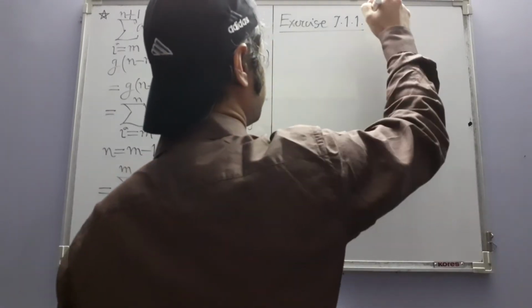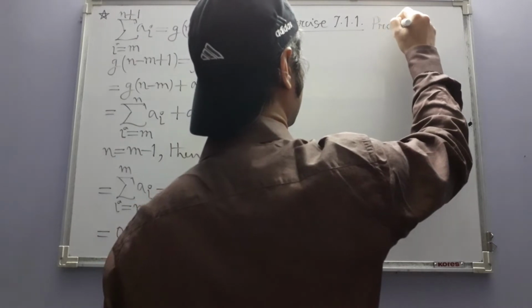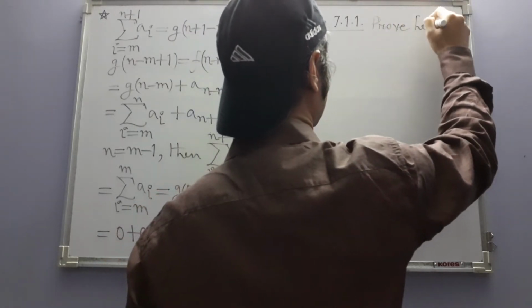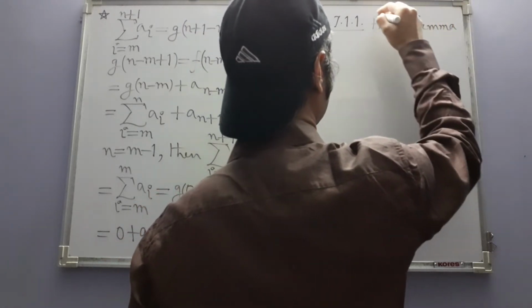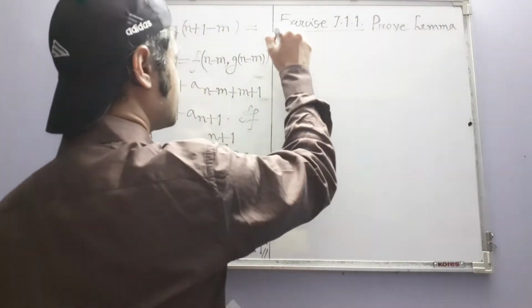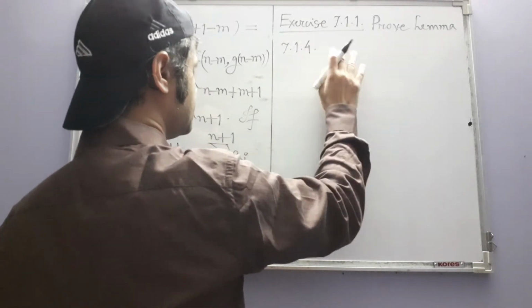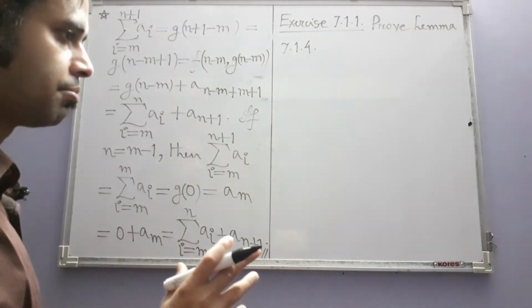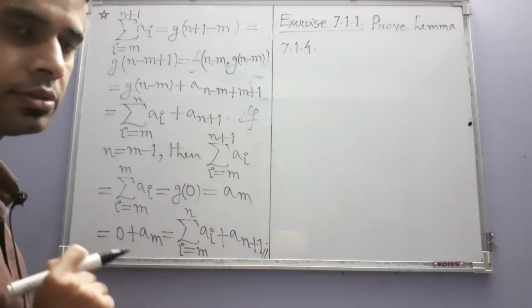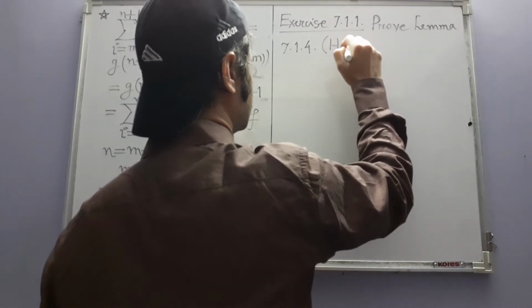Now next, prove Lemma 7.1.4. This is the one where we have the basic properties of finite series. There is a hint also.